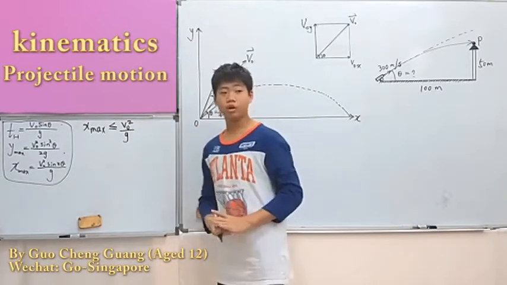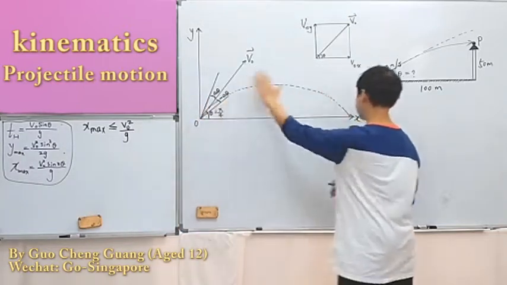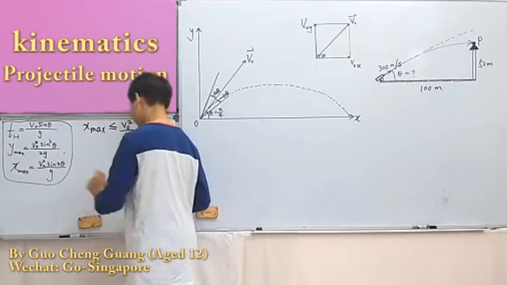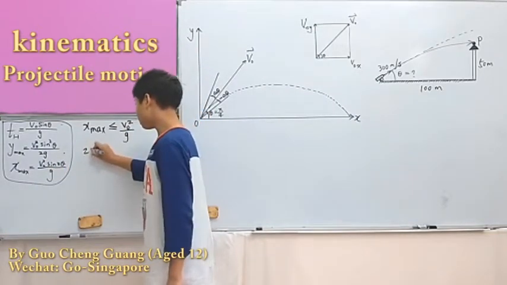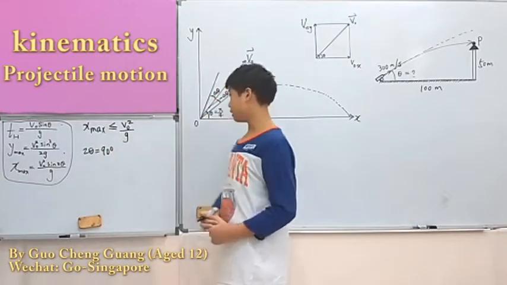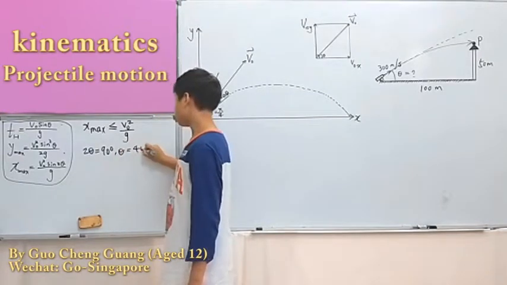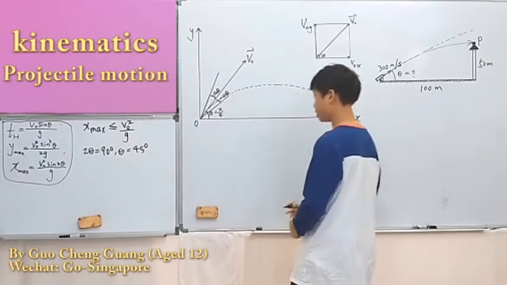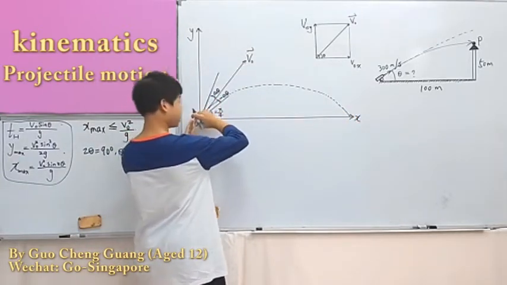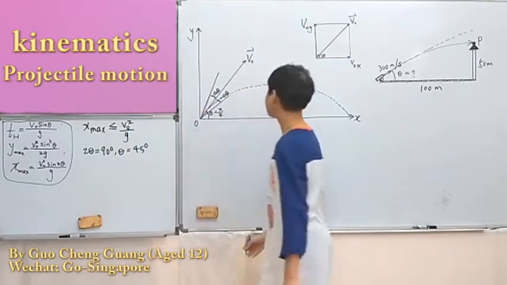When we want the maximum for x, that means 2 theta would need to be 90 degrees, so theta would be 45 degrees. So when theta is 45 degrees, it goes the furthest.